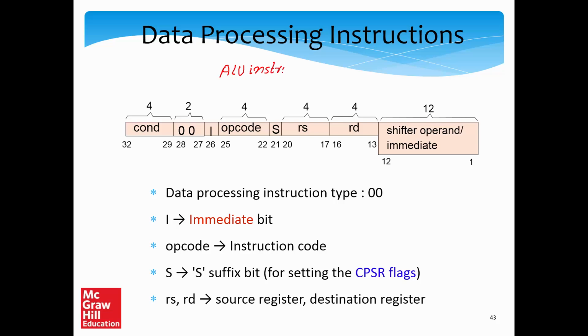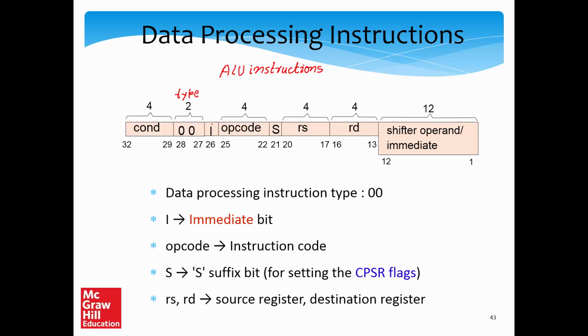Let me write it. Let's consider the first 6 bits. They follow the generic format. The first 4 bits are the condition, and 00 is the type of the instruction, type 00.